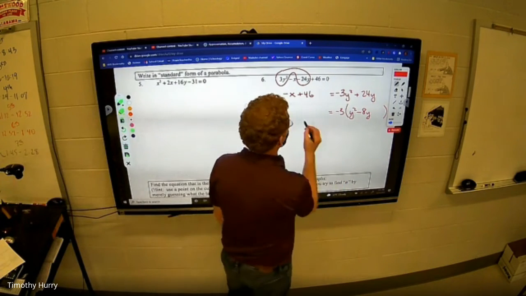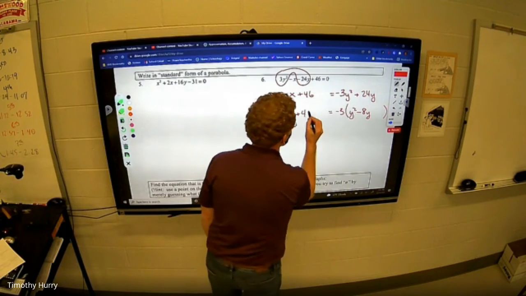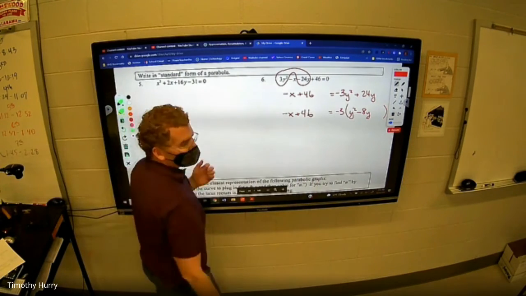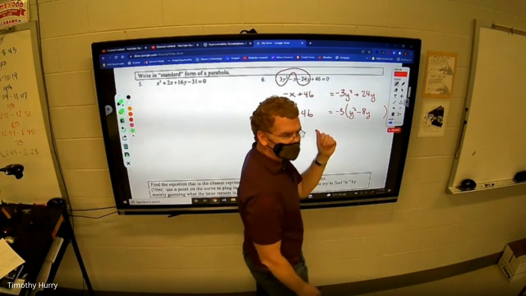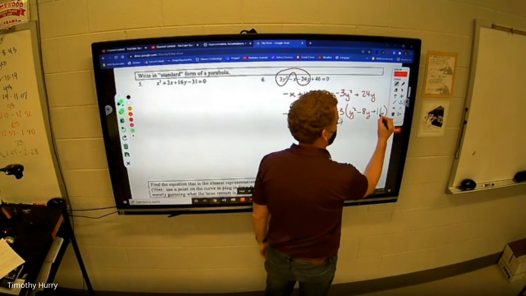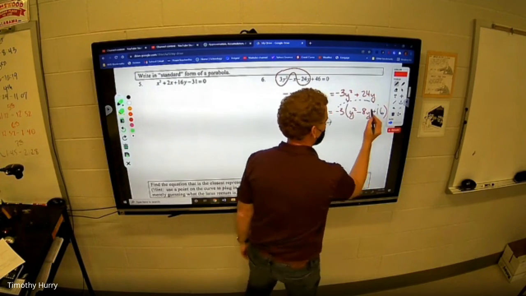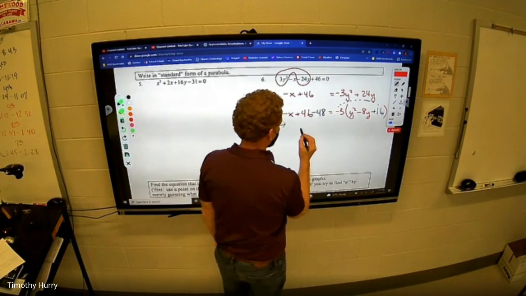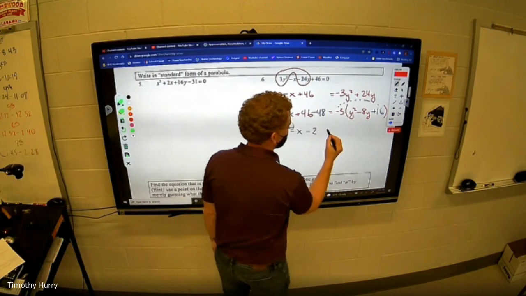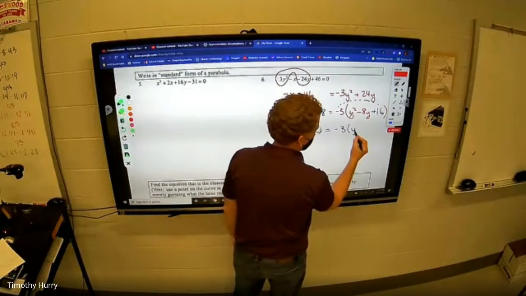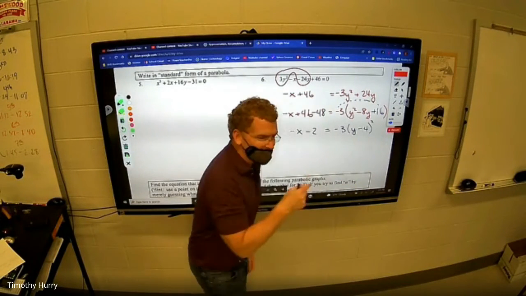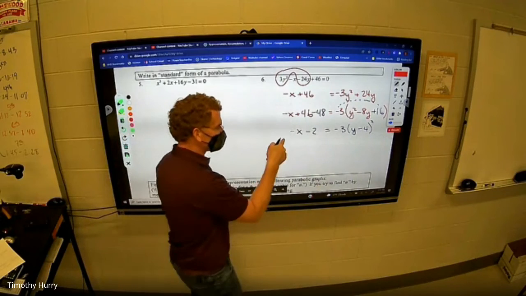And then how do I complete the square here? Half of the 8 is 4, square it's 16. But what did I really do? So I subtract 48 there. So I get -x minus 2 equals -3 times y minus 4 squared. Can I stop there? No, because that's negative.